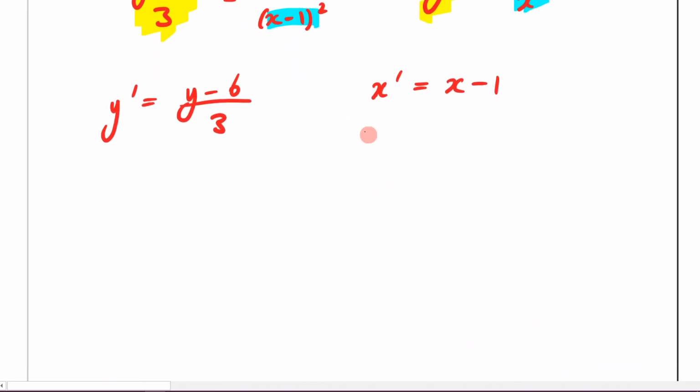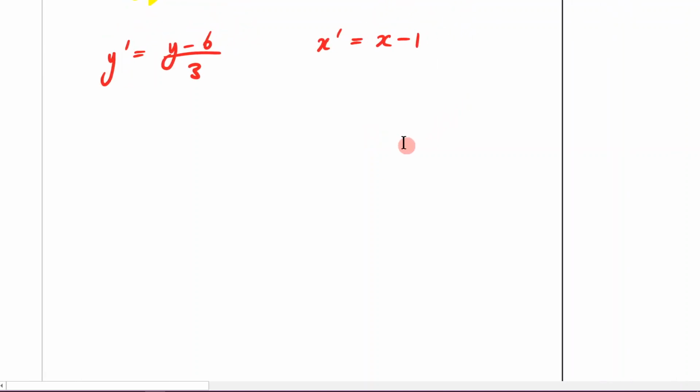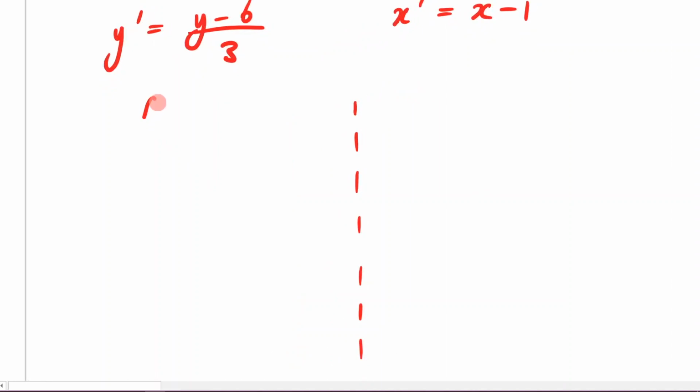So buckle in. This is going to take some time. What I want you to do is I want you to just halve this. Is that half? Well, it's good enough. And I'm just going to be showing you alternative ways of doing the same thing. So we'll call this alternative 1, and this will be alternative 2.